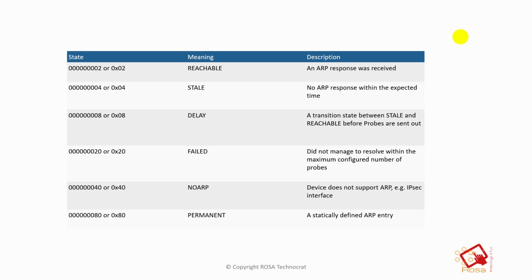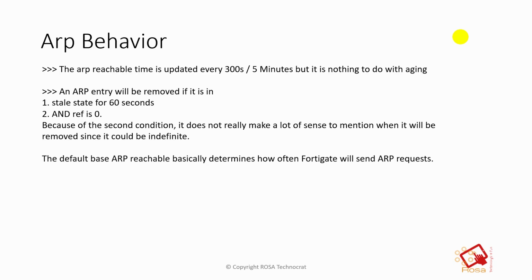These ARP entries can be dynamically learned, or as an administrator, we can create manual ARP entries by doing a static ARP entry on the FortiGate. When you do a static ARP entry, it is in the permanent state, and that will show as 0080. We can configure a static ARP, and then we can see that as well.